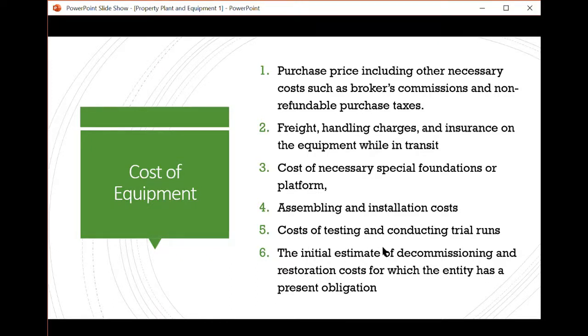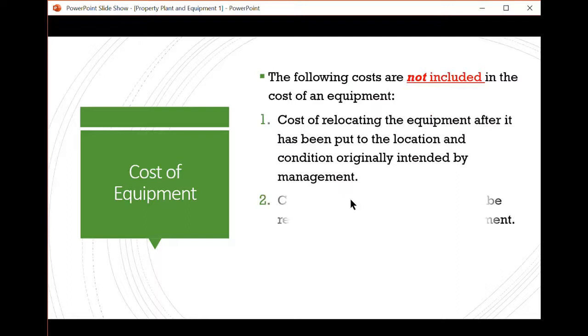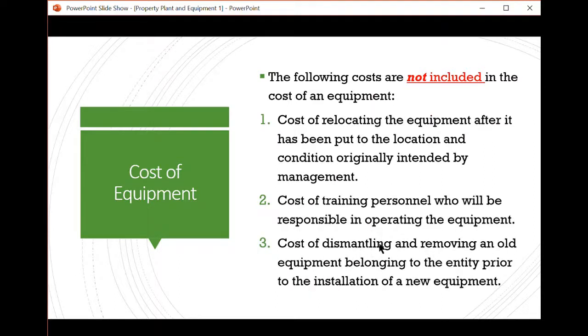So dapat sa pagpalit nimo daan sa equipment, naa na ni siya nga amount dili kay later on na siya. Kay kung later on pa nimo na-quantify kung pila ang dismantling, dili na siya labot sa cost of the equipment. Kay di ba initial recognition bayat ni. So mahimo na siyang expense on the part of the company.